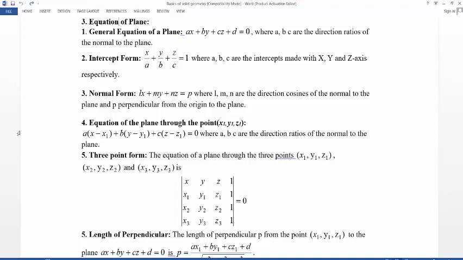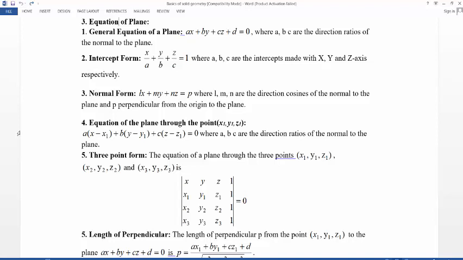Equation of plane through the points. If you know the direction ratios of the normal, a line which is perpendicular to the plane, direction ratios, if you know, suppose they are A, B, C, and we know the coordinate of any point lie on the plane, then that equation of plane is given by a into (x minus x1) plus b into (y minus y1) plus c into (z minus z1) equal to 0.